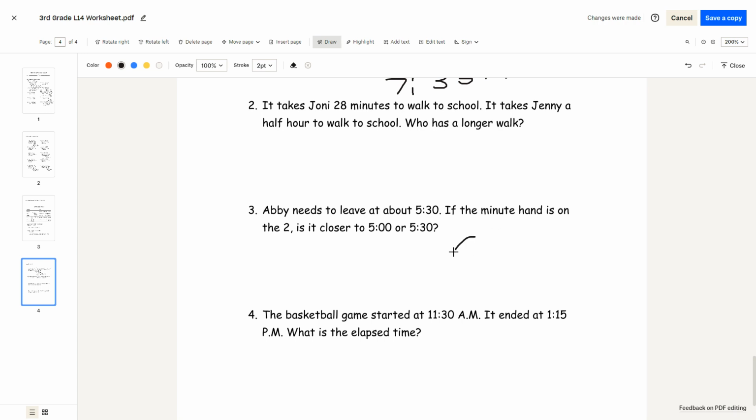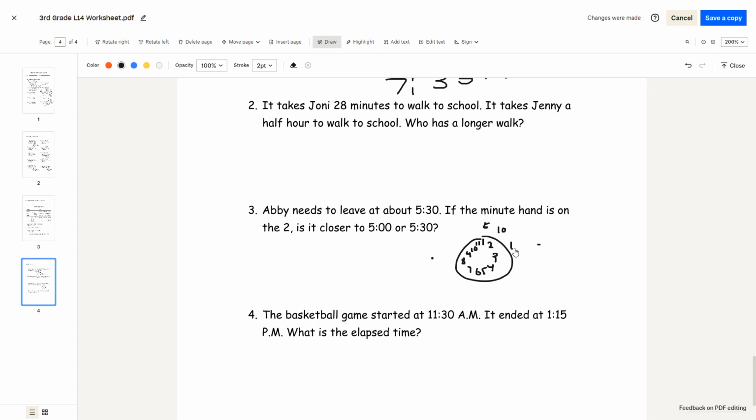So let's draw it out. So if it's on the 1, 2, 3, 4, 5, 6, 7, 8, 9, 10, 11. Okay, there we go. So then like this, right? So each number is 5.